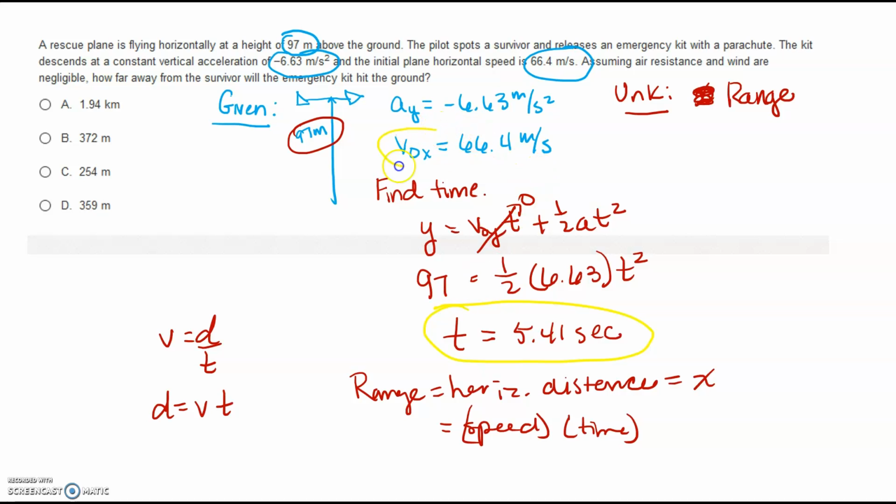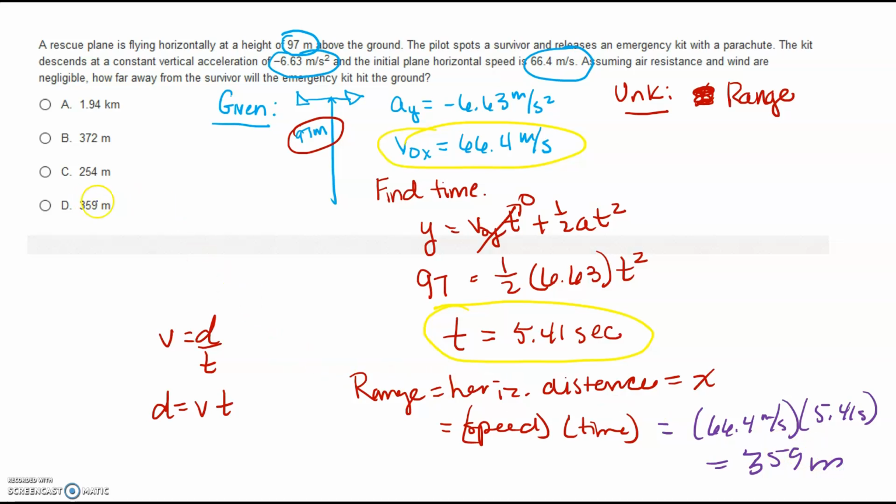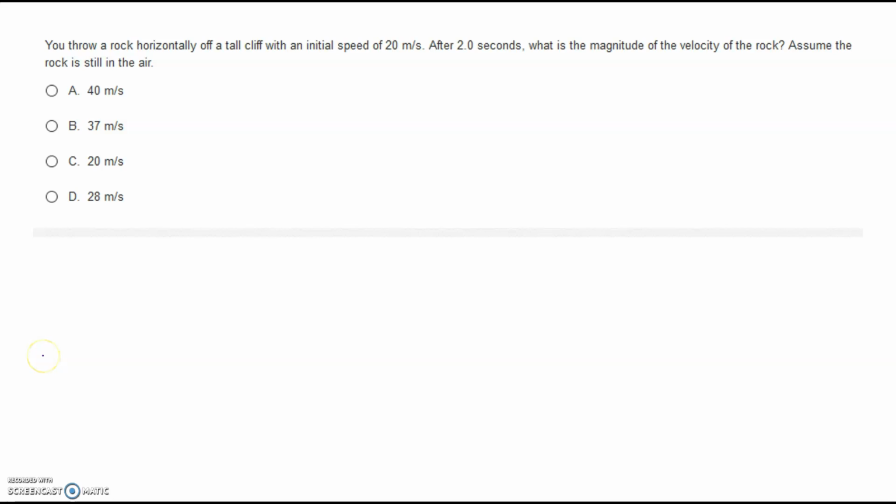I have my velocity here. I'm going to plug those in. So this is 66.4 meters per second times 5.41 seconds, which is equal to 359 meters. So that's right here. Okay.